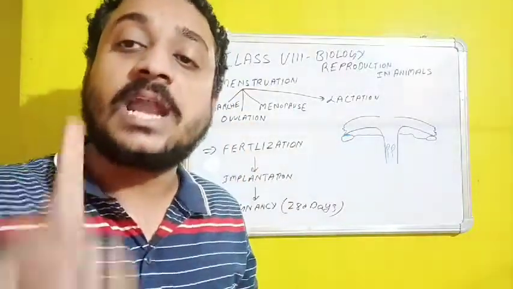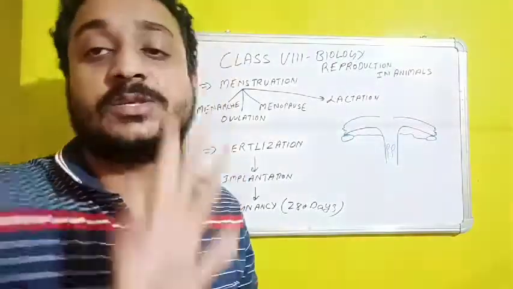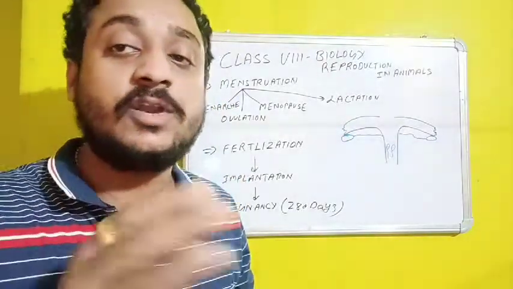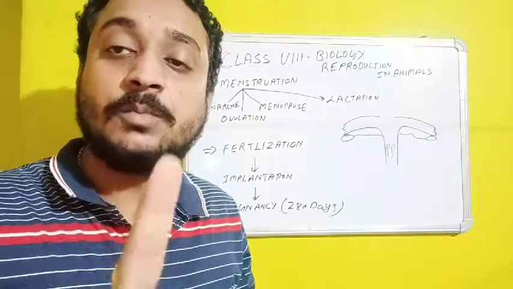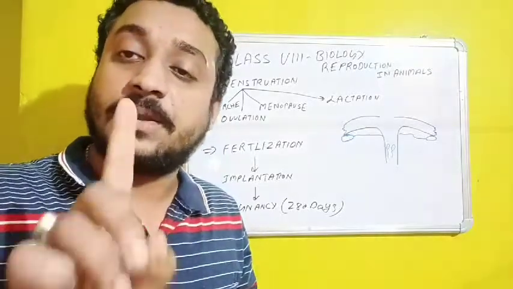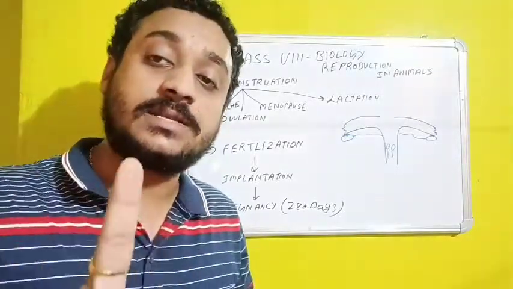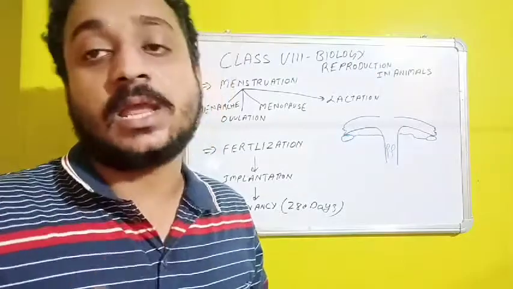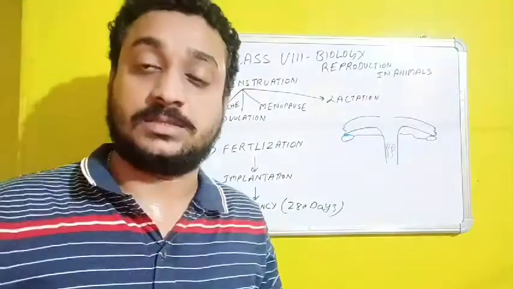Pregnancy can temporarily stop the menstrual cycle until the delivery of the baby, which means at least 9 months.